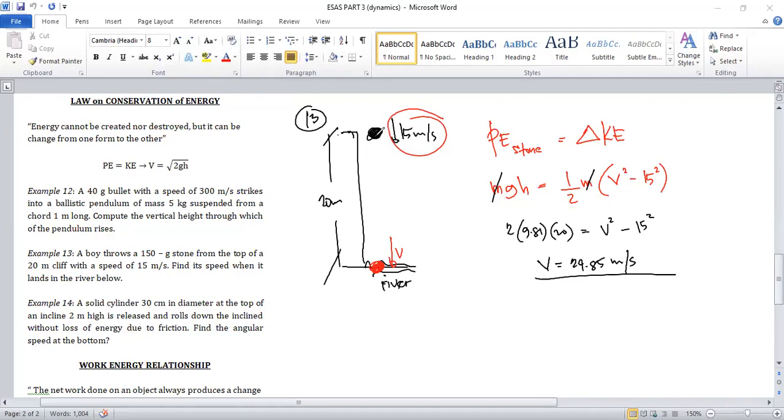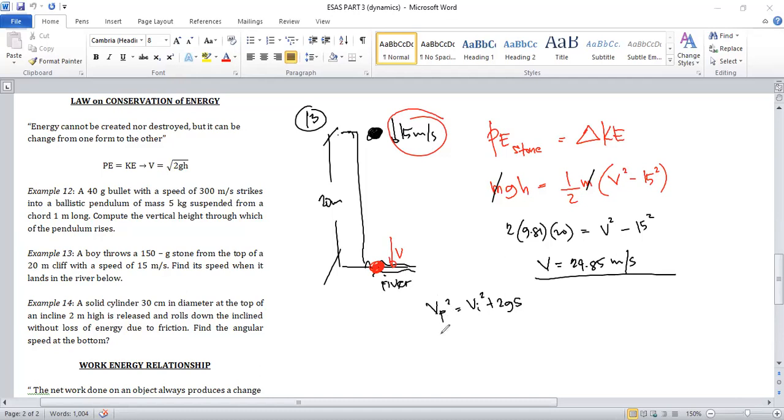Or if you remember the vertical rectilinear motion, we can make use of the formula Vf square equals initial square plus 2 times gravity times the distance s, or height s.